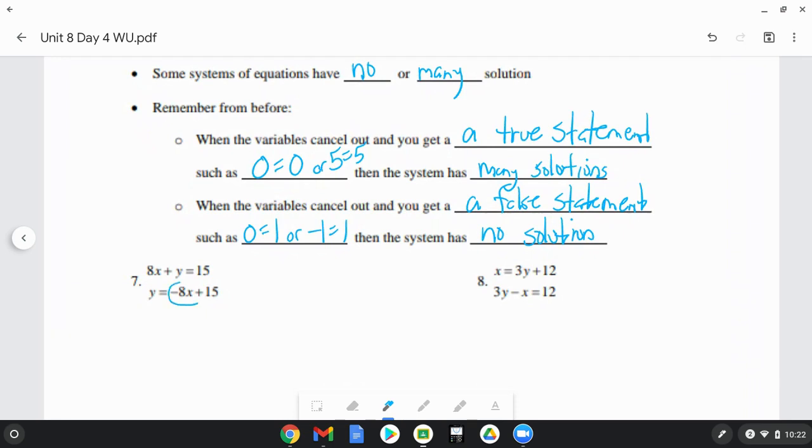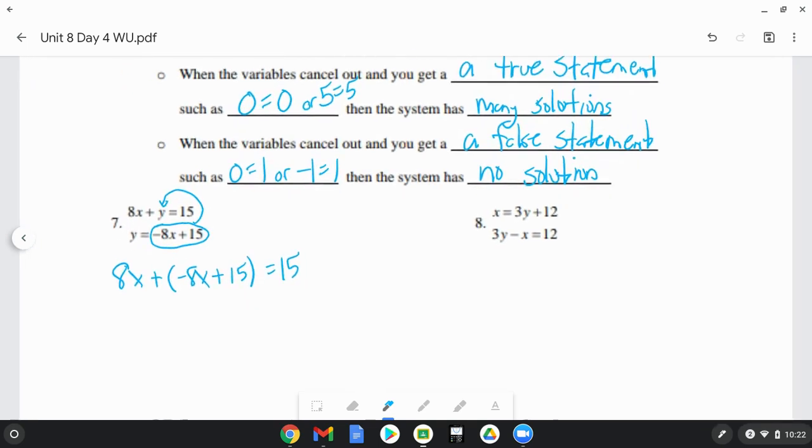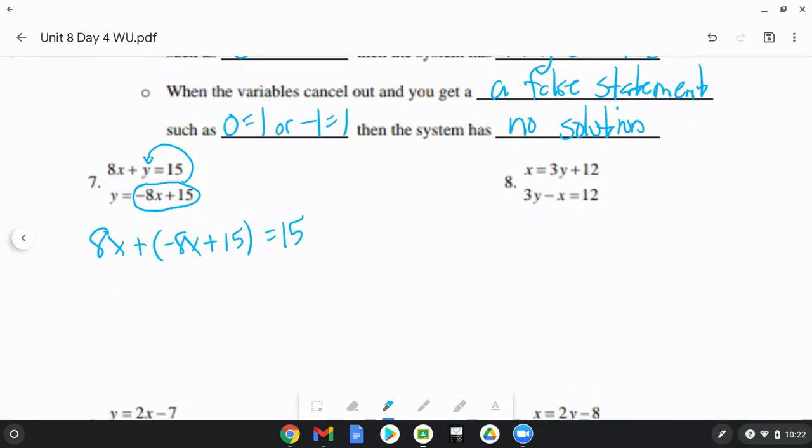So we would circle this -8x plus 15 and plug it in for y. So we get 8x plus, and then -8x plus 15, and then it says equals 15. So let's see what we get here. If we distributed, there's nothing to change because there's no number in front of the parenthesis.